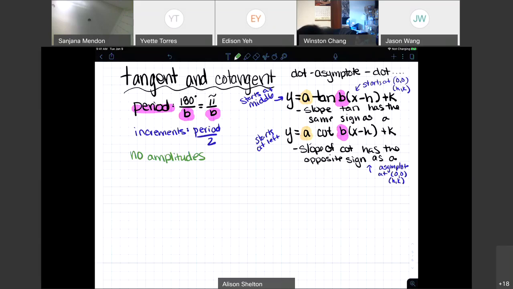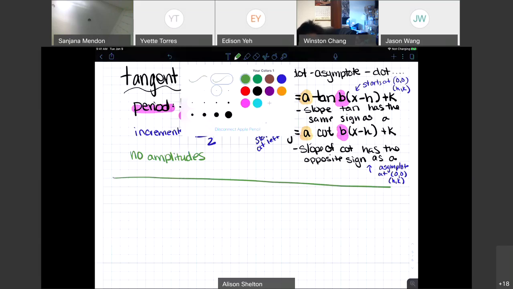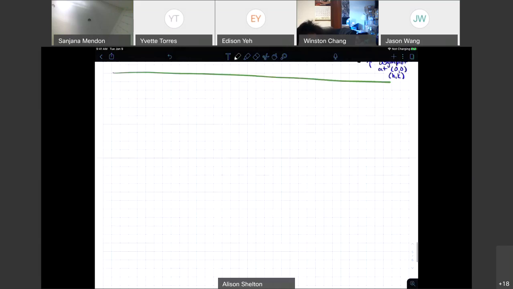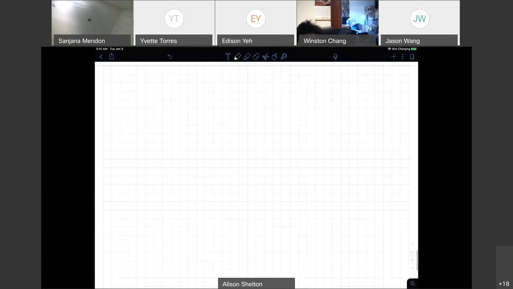Okay. So let's go ahead and move on to our first example. y equals 4 times the cotangent of x plus 3. So there's no horizontal shift here, but there's a vertical shift of up 3.